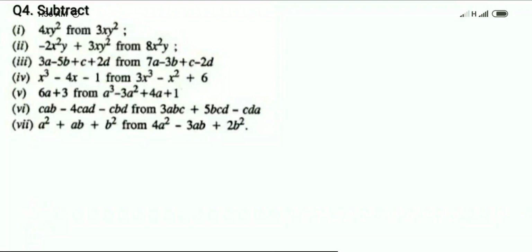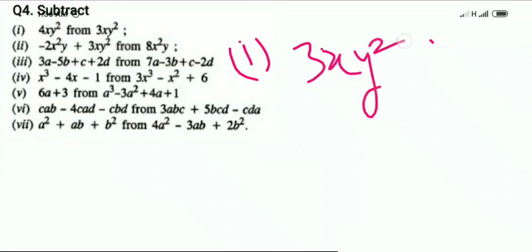The first question is subtract 4xy square from 3xy square. Therefore, we have to subtract 4xy square from 3x square y square. We write 3xy square and subtract 4xy square.